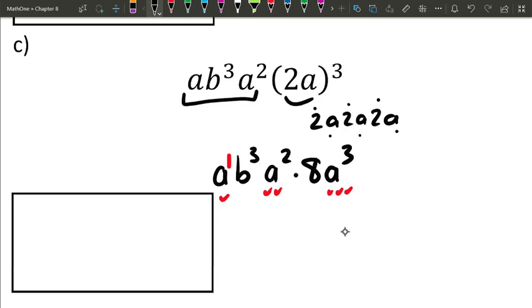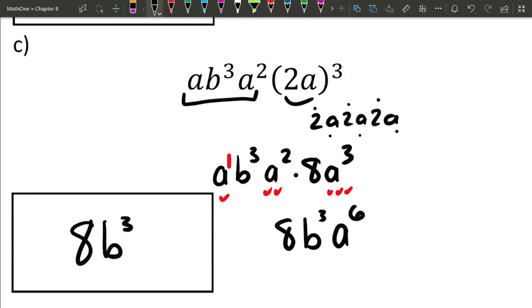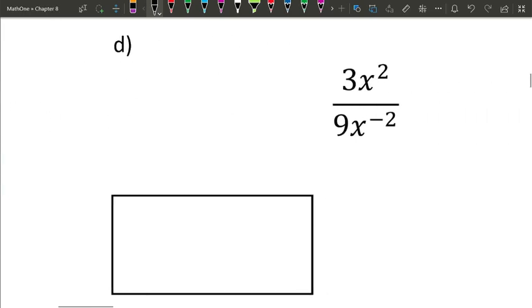My answer will have a to the 6th power. I have 3 factors of b, just the b to the 3rd, and then there's this 8 that lives in front of it. So my answer is 8b to the 3rd times a to the 6th power. These expressions are equivalent. This is significantly simplified.